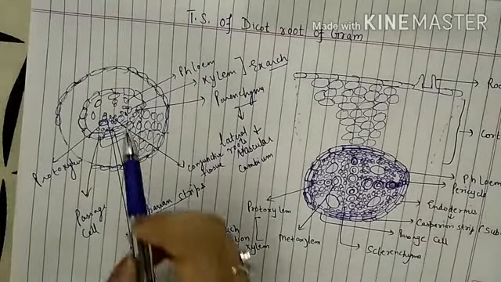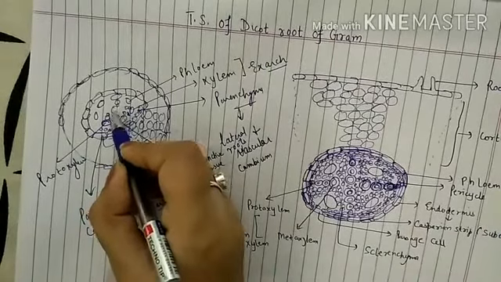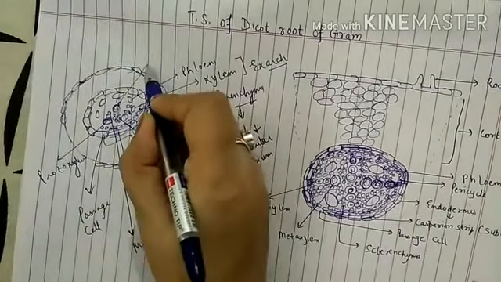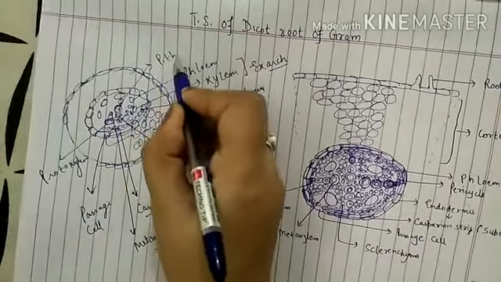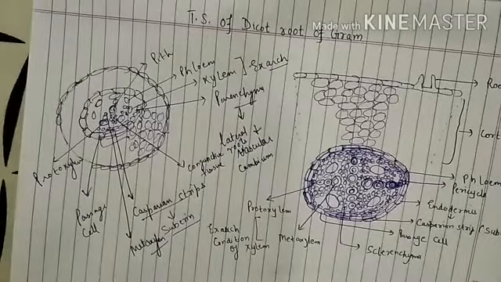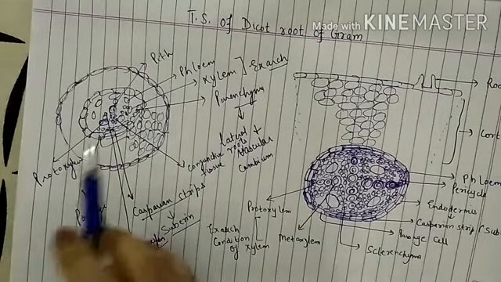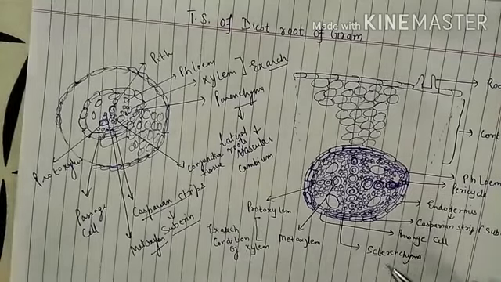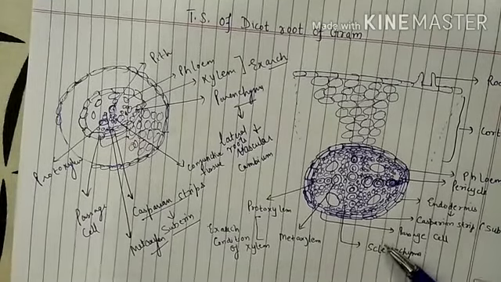Then the next one, the central portion, is known as pith. The pith in dicot root is very small. So this is about the internal structure of the dicot root.